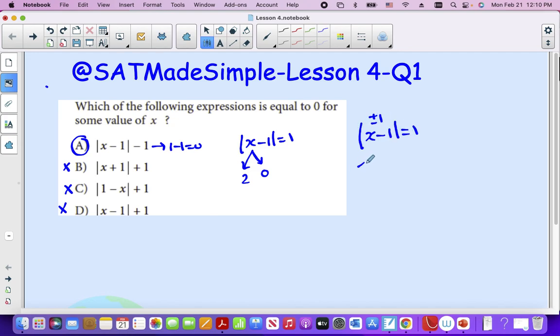Therefore, I can have two equations. x minus 1 is equal to 1, or x minus 1 is equal to -1. In the first, it implies x is equal to 2, and in the second, it implies x is equal to 0. As we said, 2 and 0 produce 1, and therefore choice A is the correct answer.